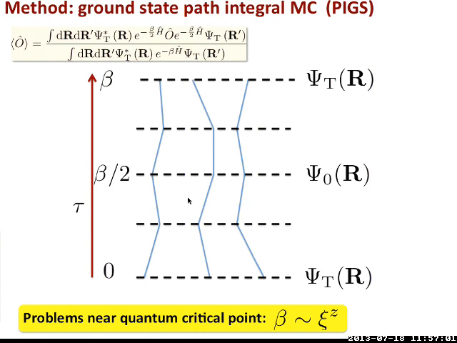Because what we want to do is to cross a quantum phase transition. Okay? And in the vicinity of a quantum phase transition, you can expect that you have correlations in imaginary time which scale with the correlations in real space. Okay? And the correlation in real space diverges at the quantum critical point. You could also, this may be saying exactly the same thing, but those psi t's essentially carry the phase.